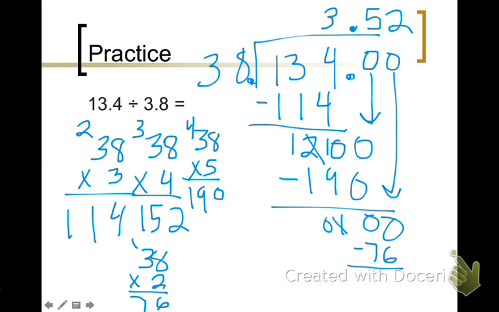This is going to become a 0, 10, 9, and then I add another 0, 240 divided by 38.